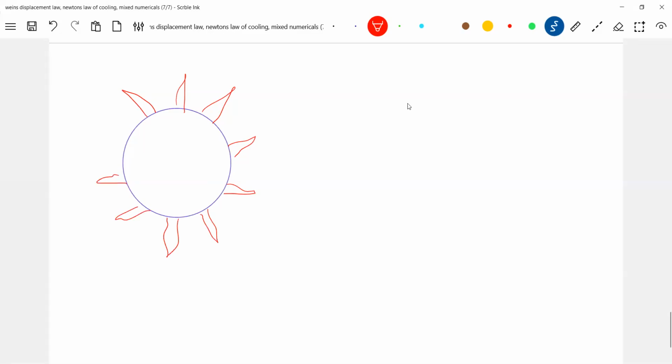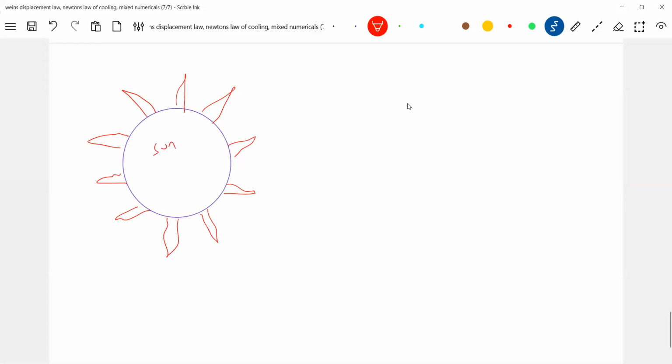So as we know, this is the circle. Okay, this is a temperature. So like this, we're having these flares, so that if I draw a circle, you may not understand.